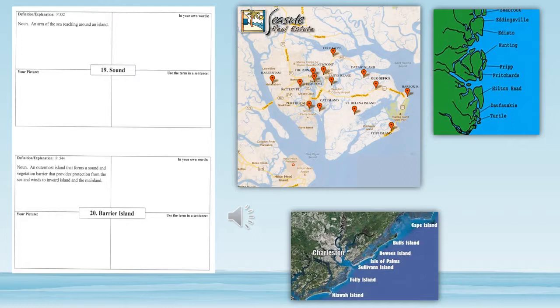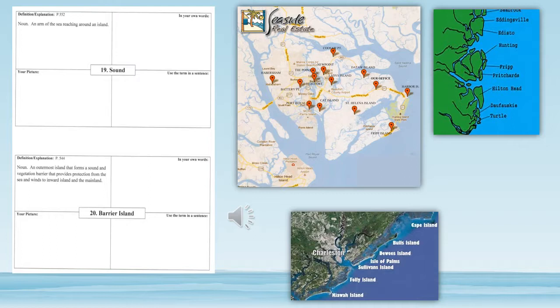So a barrier island is just an island off the mainland that protects the mainland from the sea, the dangers of the sea. They're lovely. Barrier Islands are lovely. And back in the day, cotton was grown on barrier islands, particularly over at Sullivan's Island.